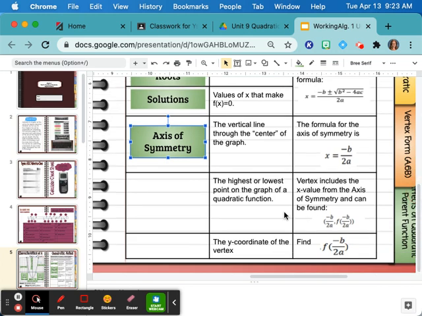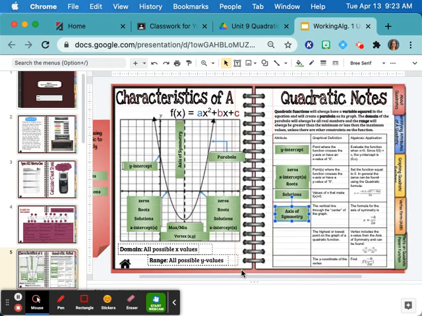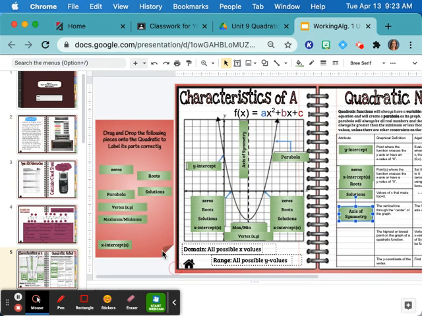I think we can do that one without much help. The next one, the highest or lowest point on the graph of a quadratic function. What's that called? Maximum or minimum. Actually, it's called the vertex because it's the point. In order to be a point, it'll be an x and y.